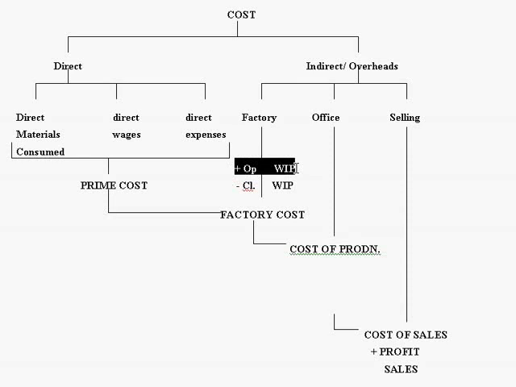To that total you will add opening work in progress, deduct closing work in progress, and now the total that you get will be called factory cost. Factory cost is also called works cost. To the factory cost you will then add office and administration overheads, and the total will be called cost of production. Is that okay?